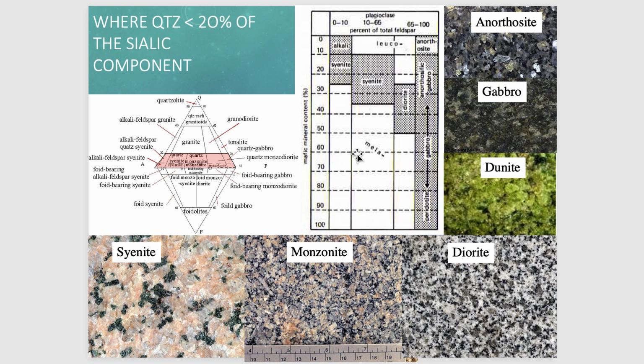Again, we have this field in which anorthosite rocks have really little content in terms of mafics, so we have between 0 and 30% for anorthositic gabbros, but for the anorthosite it's 0-10. Okay, so this rock has only 10% maximum of mafic minerals, and it's dominated by plagioclase.